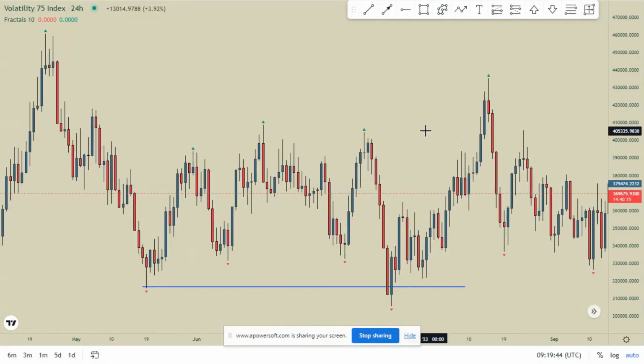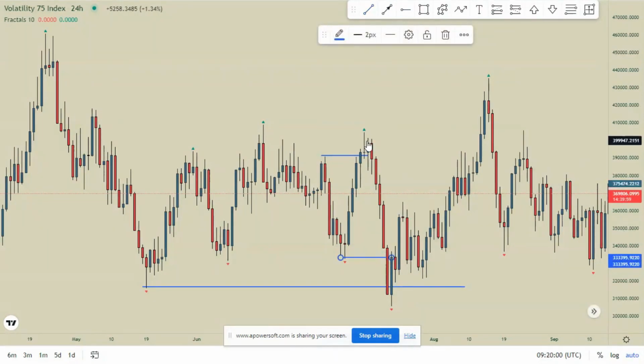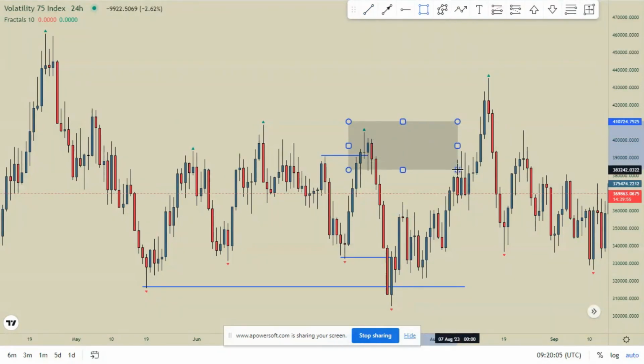I realized that if you're using basic market structure or smart money concepts, you may find that this is a strong move, a strong area of supply, but then later on you find that price came and washed it out.